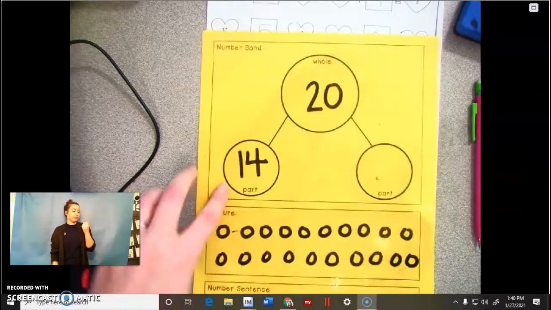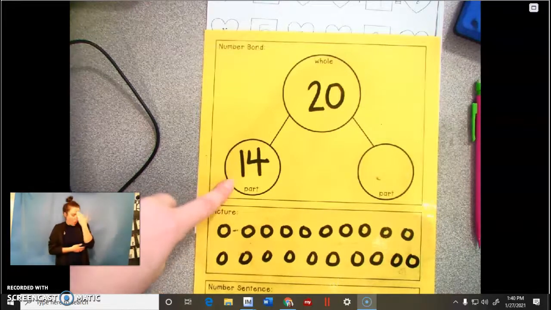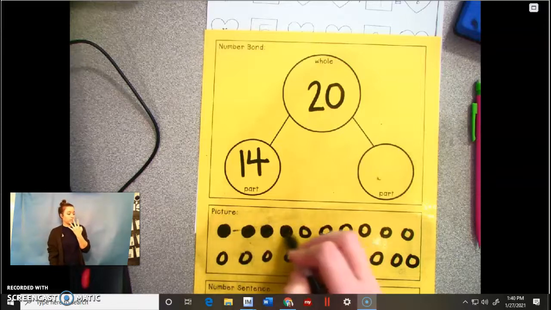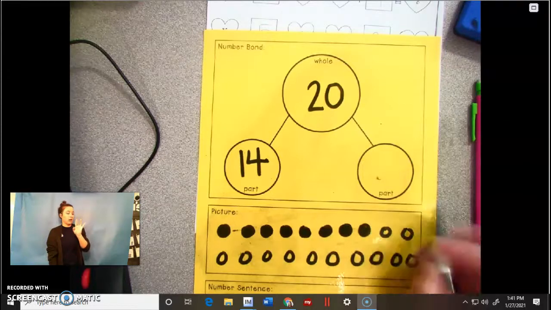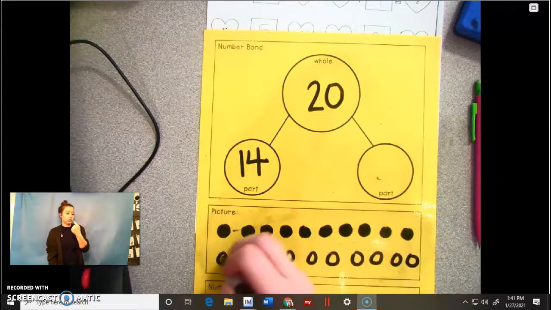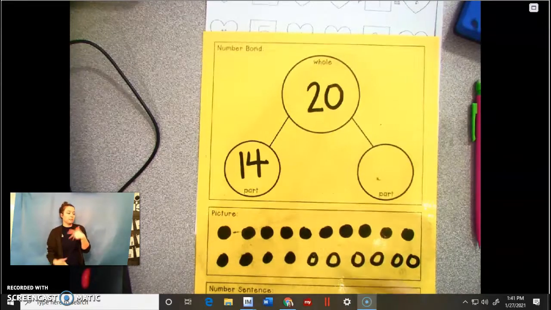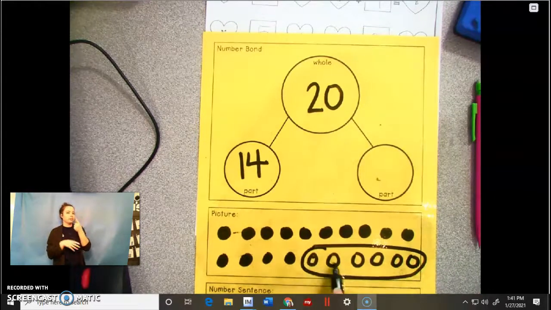I'm going to color in the part that I know. I know I have 14, so I'm going to color 14. 1, 2, 3, 4, 5, 6, 7, 8, 9, 10, 11, 12, 13, 14, done. Now I'm going to circle the ones I have left. Let's count them. 1, 2, 3, 4, 5, 6.